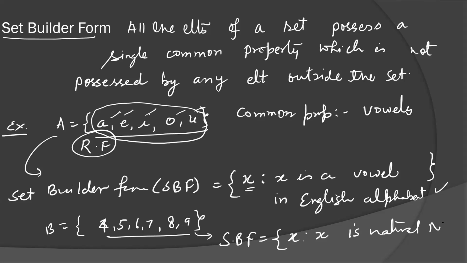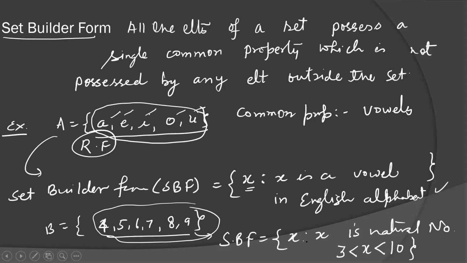But natural numbers start from 1 to infinity, so we have to bound them. It is between 3 and 10. No other element outside this set is a natural number which lies in set B. So that will be 4, 5, 6, 7, 8, 9.